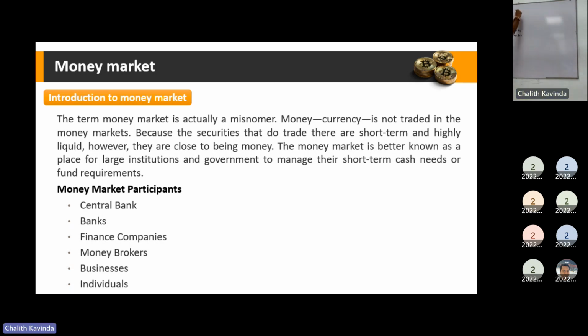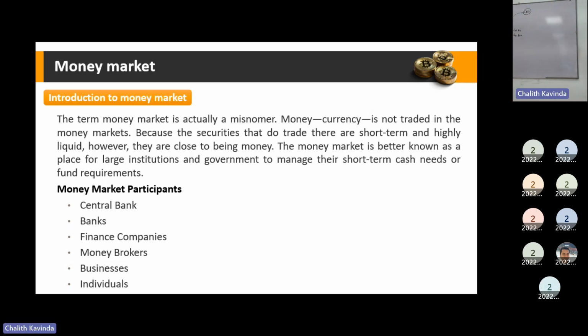They ask the Central Bank of Sri Lanka, simply the public debt department of the central bank, to get this amount. For example, let's say the government is lacking 10 billion. They can ask the central bank to get this 10 billion.